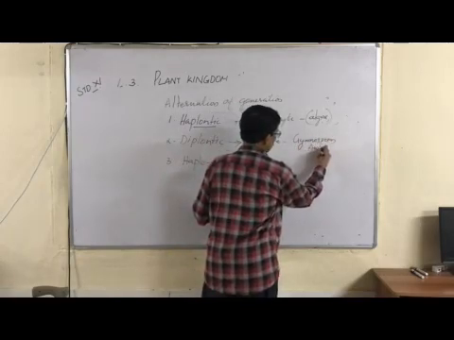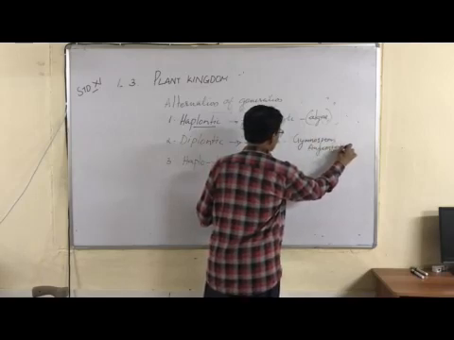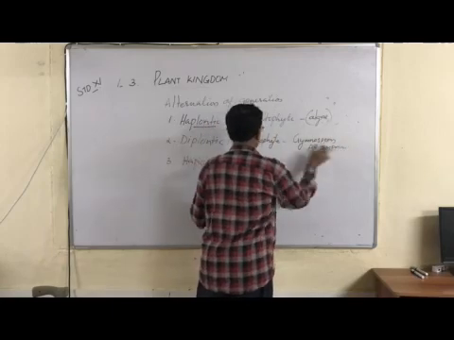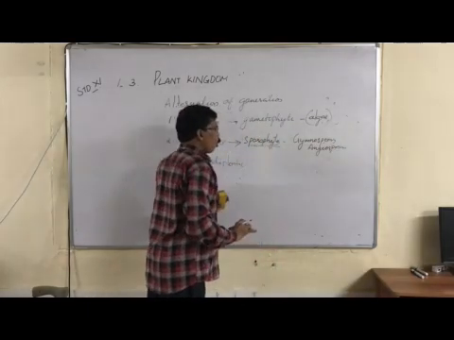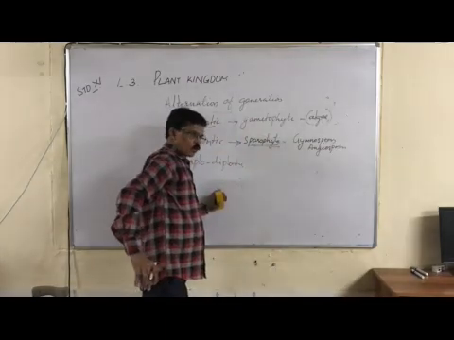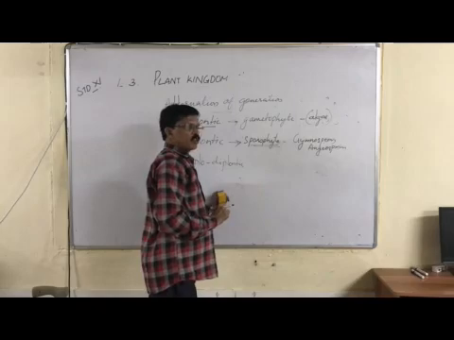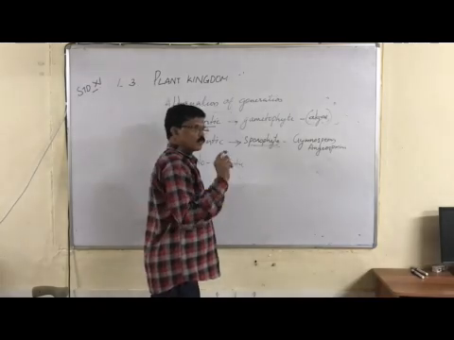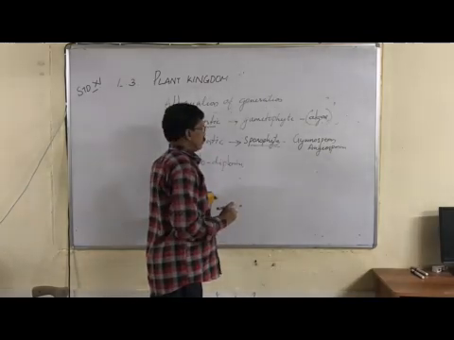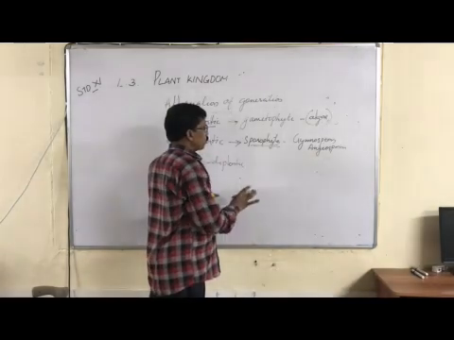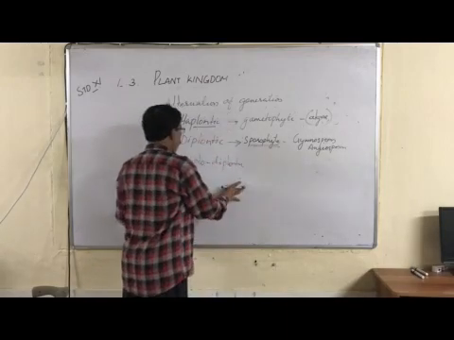Here the sporophyte is the major plant body, dominant and photosynthetic, on which the gametophytic stage, the gamete producing stage, a very short stage, is attached. So the sporophyte is the major plant body and the gametophyte is not so important. That is called diplontic.